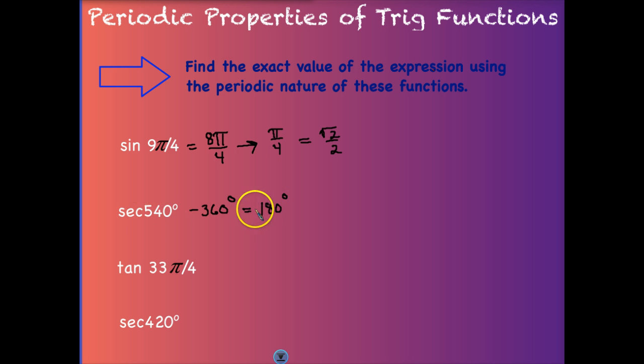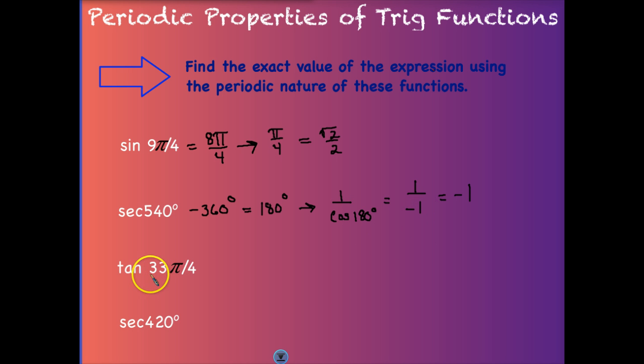So now we're just trying to find the secant of 180 degrees. Remember that the secant is just the reciprocal of the cosine. So we're really trying to find the secant, which is 1 over the cosine of 180 degrees. The cosine of 180 degrees is -1. So our answer here is -1.